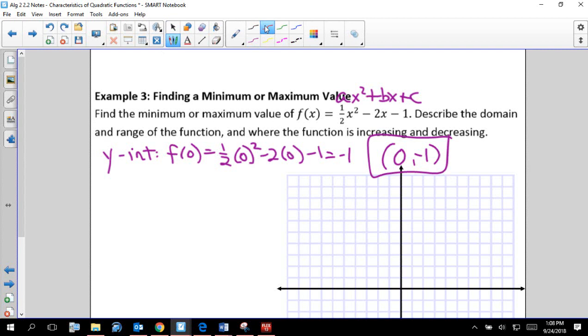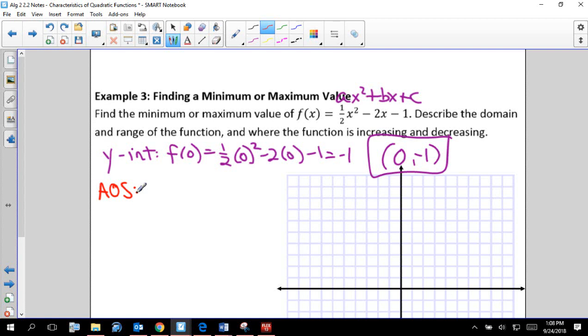What's next? Axis of symmetry. All right, axis of symmetry.